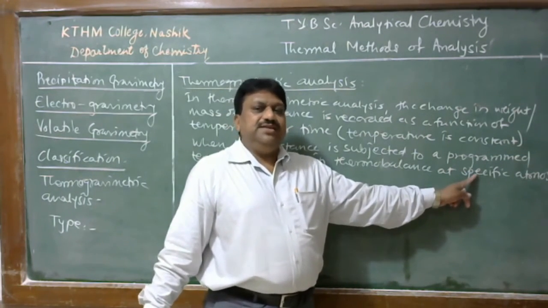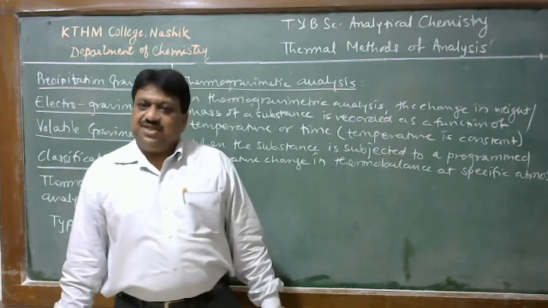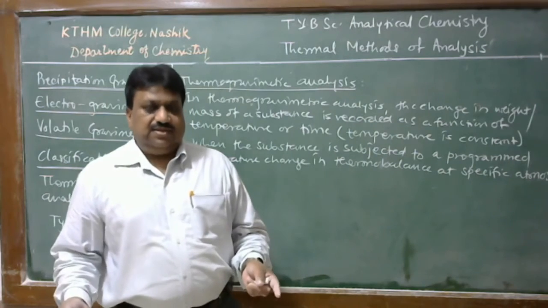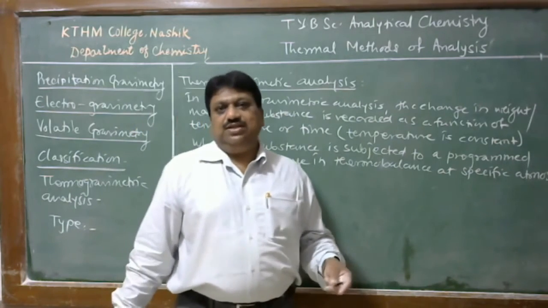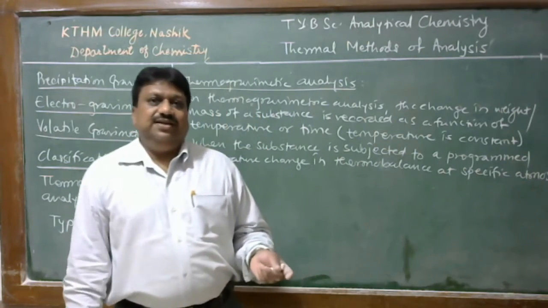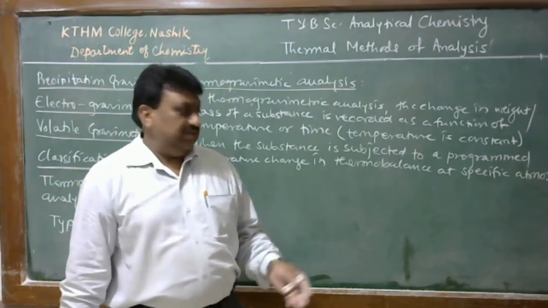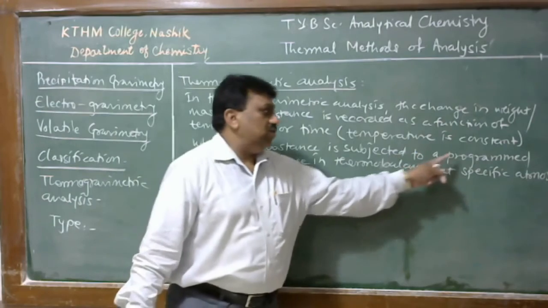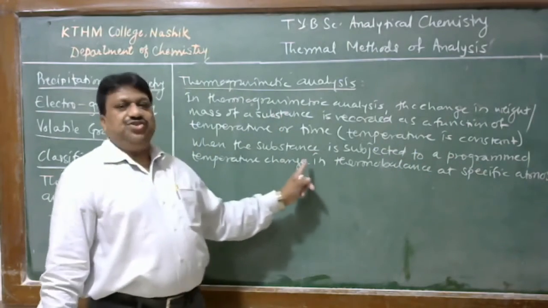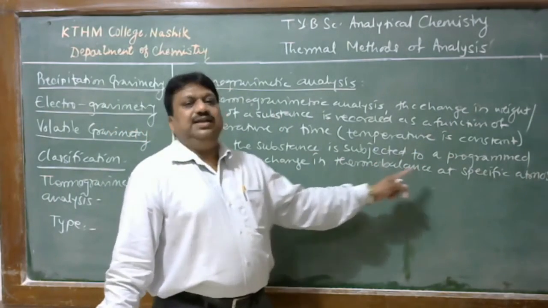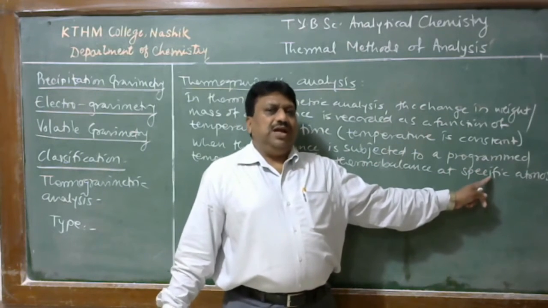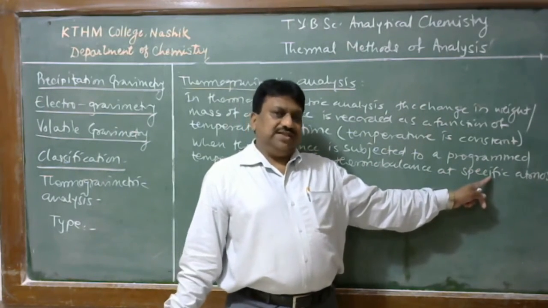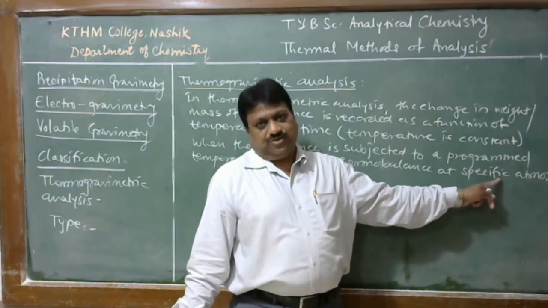Atmospheric condition means that when the substance is heated, its atmosphere may contain different gases, such as an inert gas like nitrogen, sometimes carbon dioxide or sometimes oxygen. So the substance is subjected to a programmed temperature change in a thermobalance with a CO2, oxygen or nitrogen atmosphere.